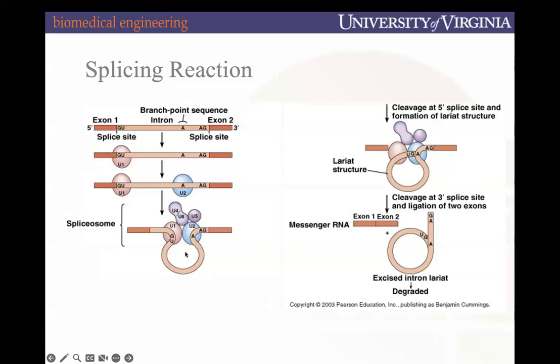And one thing I should note is that if you look at the bottom left, the GU are the first two nucleotides of the intron, but it looks like there's almost a stretch of more nucleotides there. That's a bit of an illustration error. There are no nucleotides in the intron upstream from those two there. And so the key thing to note is that it gets pinched off, forms this structure, and excises the introns here.